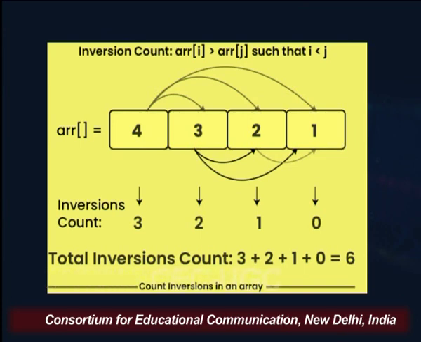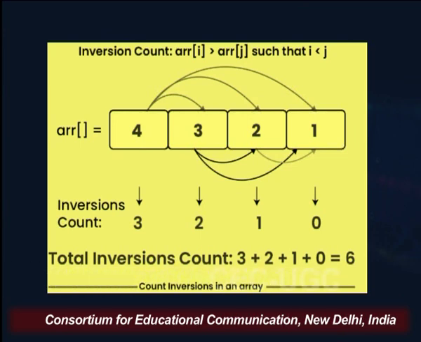Then if we compare 4 with 2, again there is an inversion. It should be 2 in the earlier place, followed by 4. Similarly, 4 and 1 also form an inversion. So there are a total of 3 inversions for the first element, which is 4.